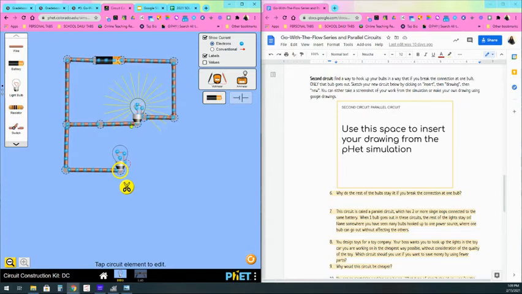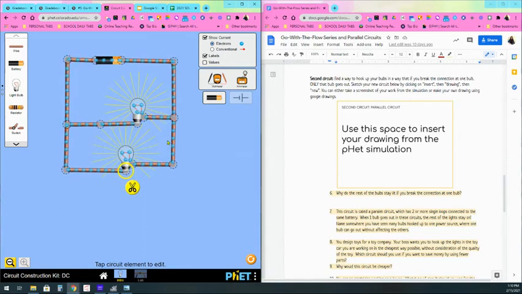Where the bulb is located in the wires, they should be in parallel to the other bulb and wires. All right, and so if you notice, if we do a break here, this bulb is still lit up, and this one goes out because this is considered an open switch and electricity cannot flow through this branch here.